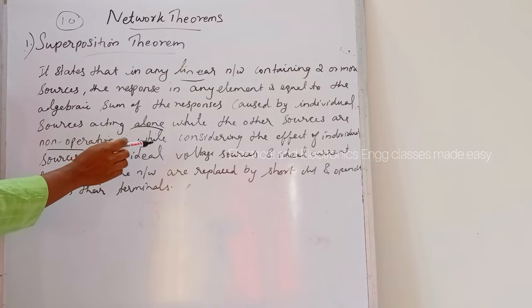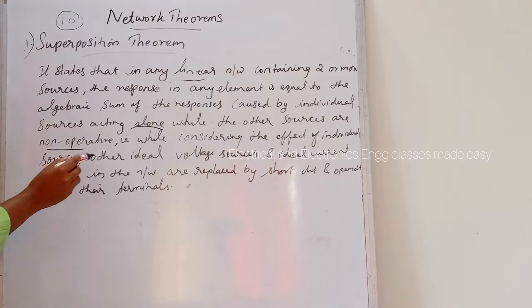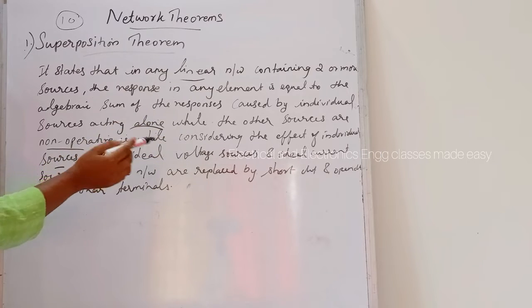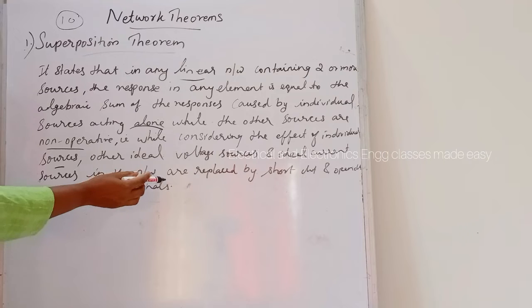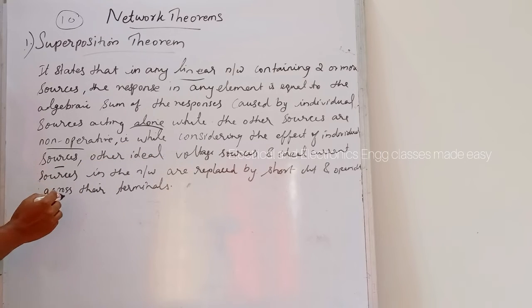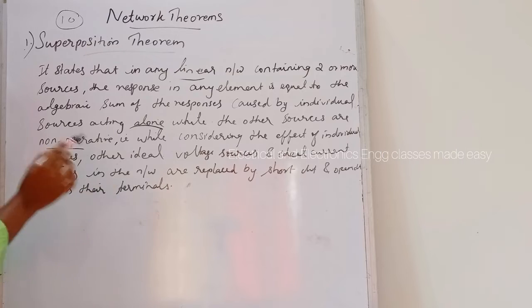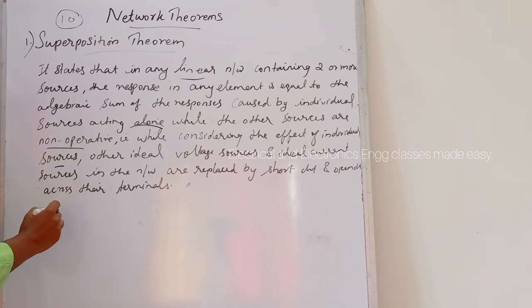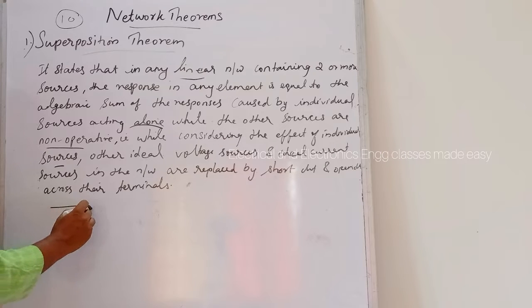That is, while considering the effect of individual sources, other ideal voltage sources and ideal current sources in the network are replaced by short circuit and open circuit across their terminals. So, this is the superposition theorem. Let us study in detail.